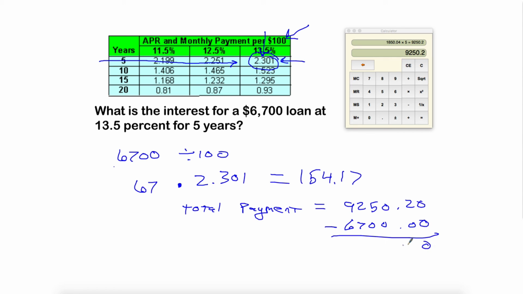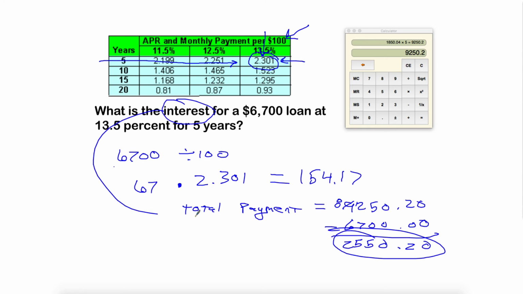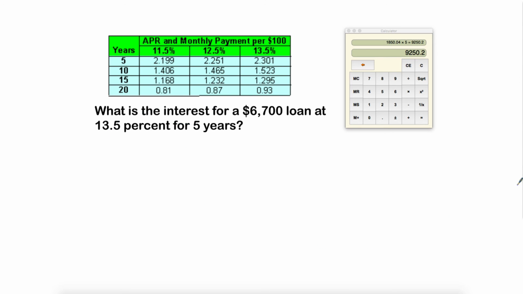And that's how much our interest would be right there, $2,550.20. So hopefully this video helps you get an idea of how this assignment works.